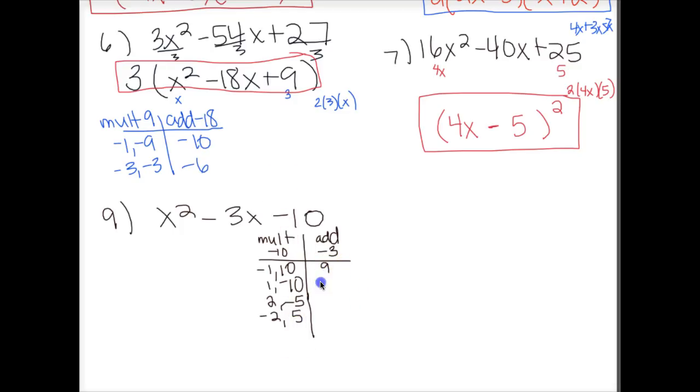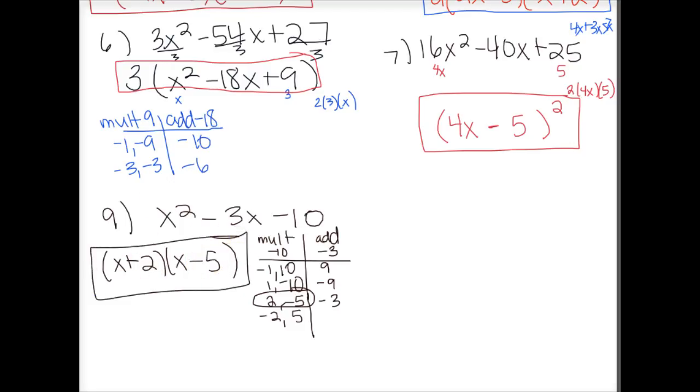So this adds to 9, negative 9, this adds to negative 3, so I found the winner here. So x plus 2 times x minus 5, and then I check it by FOILing. X squared minus 5x plus 2x minus 10 does give me back the original. So this is my final answer on 9.